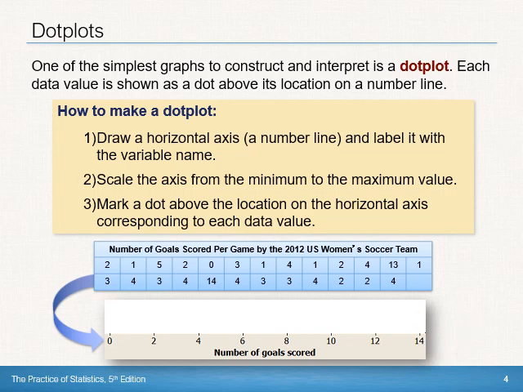All right, so now we simply go through each data value and put a dot on the graph to represent it. The first number is a 2, so I put a dot there and cross it out. The key is that all the dots should be the same size, and the spacing should be consistent as well. The next data value is a 1, so I put a dot at the 1 spot and cross it out.